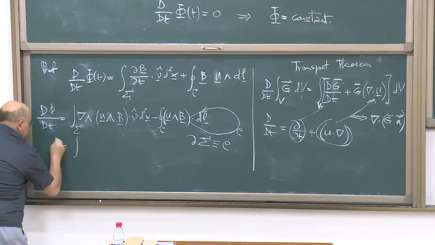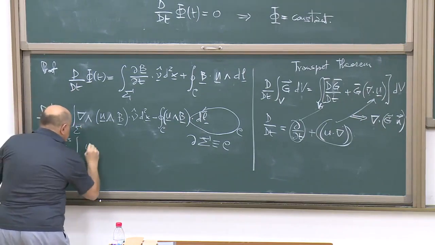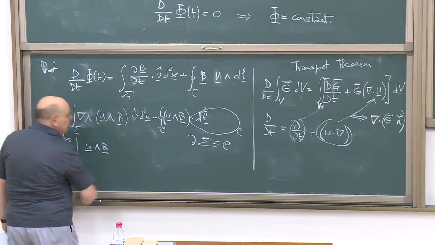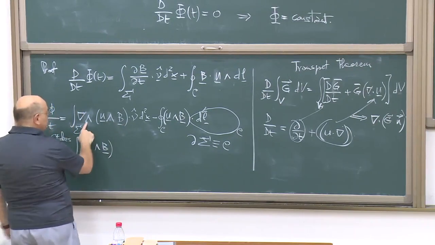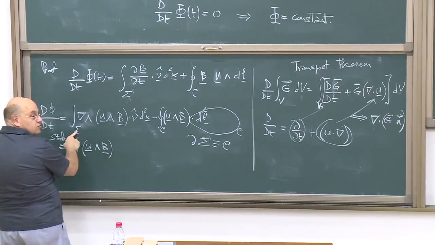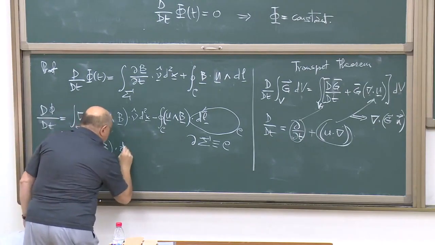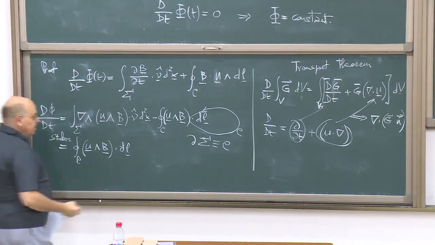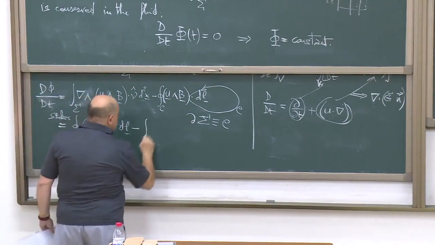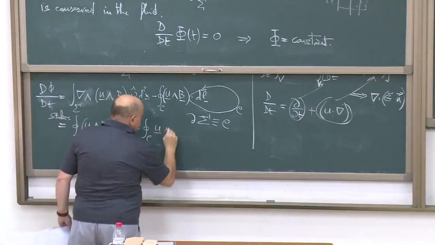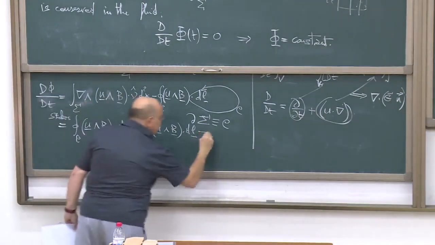Stokes' theorem means that we have u cross B, and then this u cross B, which is a curl, rotates on the boundary of sigma c along the elementary length dl, and this is minus the other part, the circulation of u cross B dl, which evidently is 0.